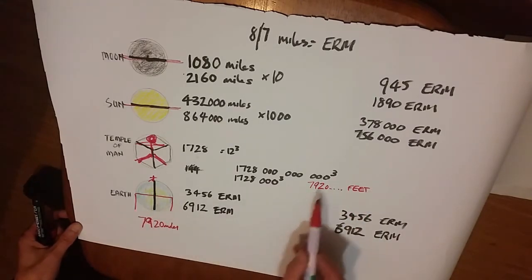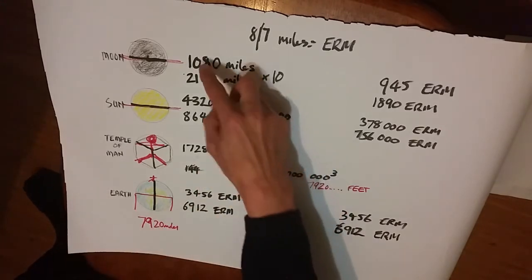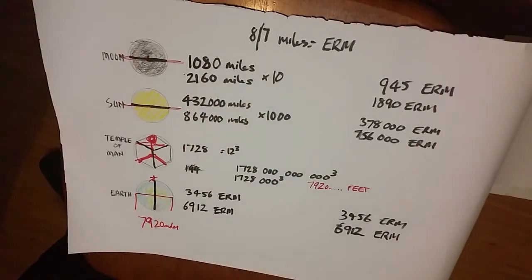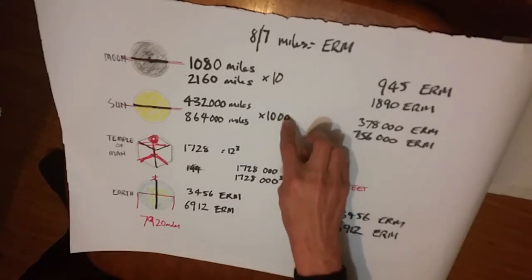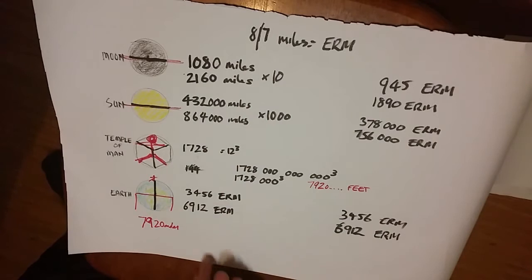So this number 792, the system does connect, but just to review, 108, 216, 432, 864. We're simply doubling these numbers up, and it's just a matter of whether you multiply it by 10 or by 1,000, and then we have miles.